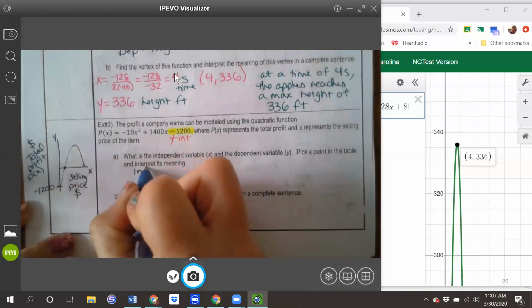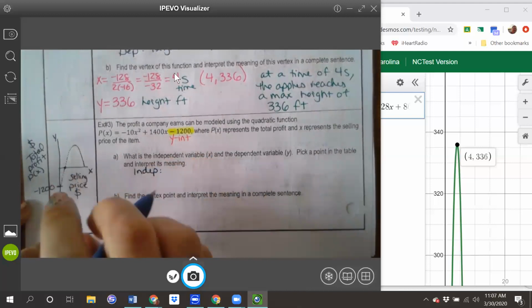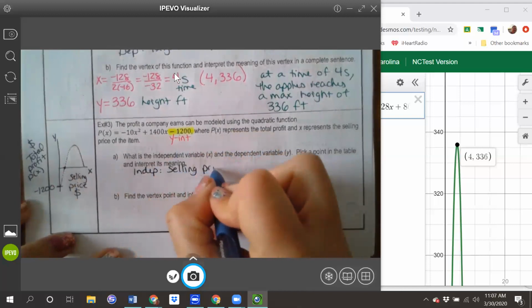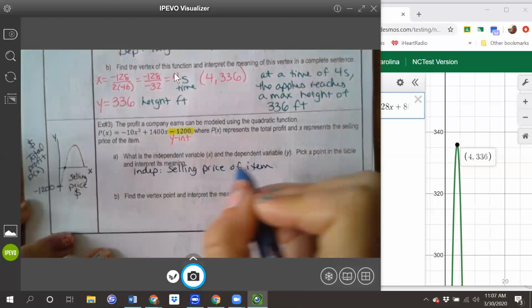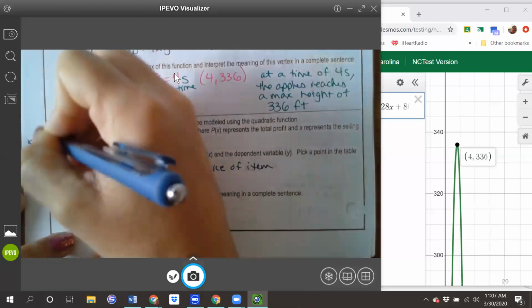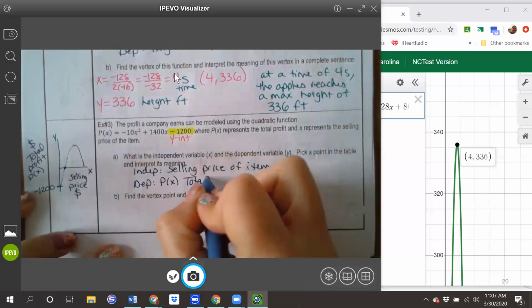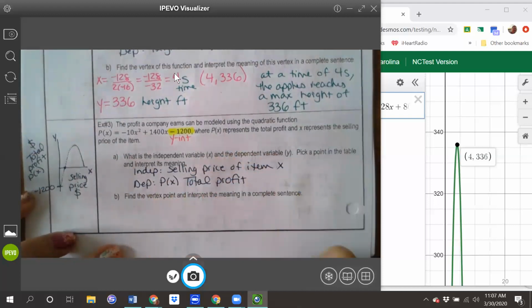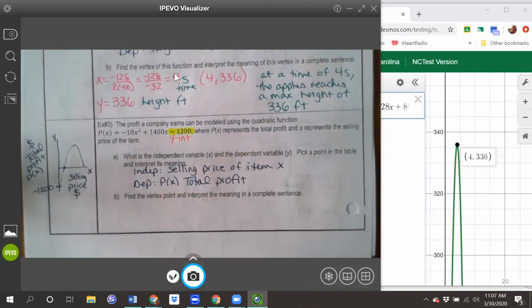The independent is going to be X, which is the selling price of the item. And the dependent variable is this right here, the Y, that is P of X, which represents the total profit. So selling price of the item is X, and then P of X, that is the total amount of profit.